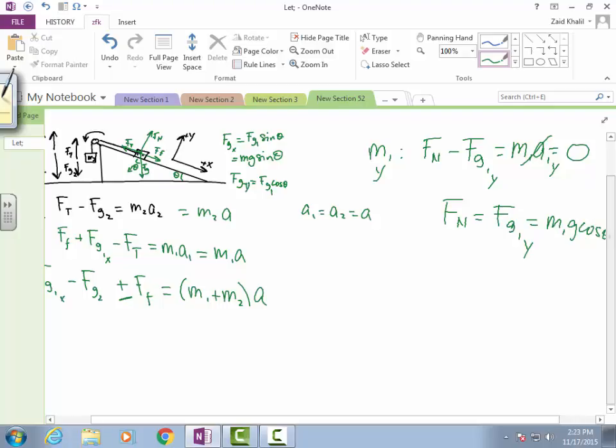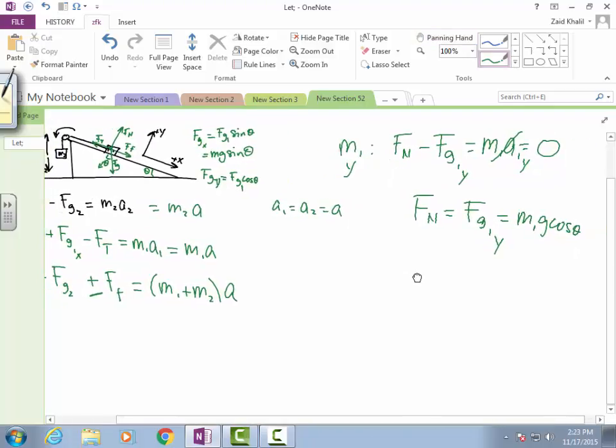And what does that allow us to do? It allows us to write Ff. Ff equals mu Fn equals mu M1g cosine theta.